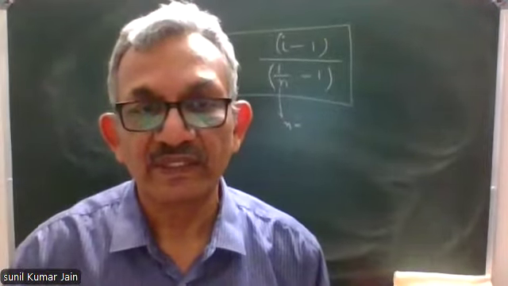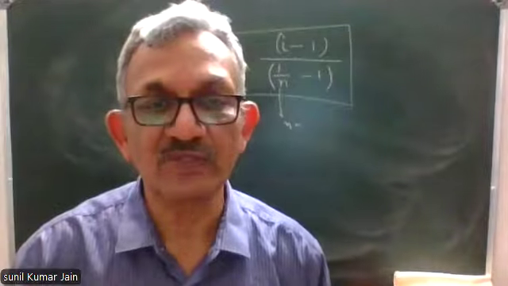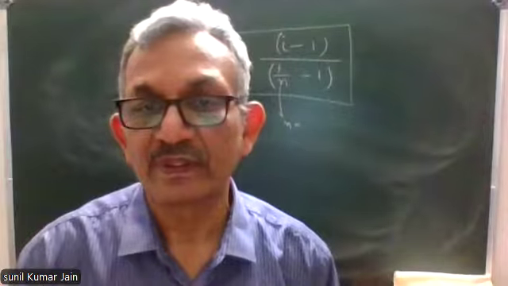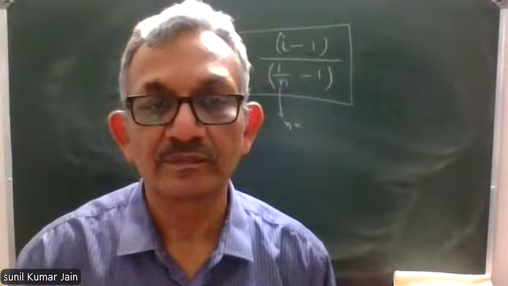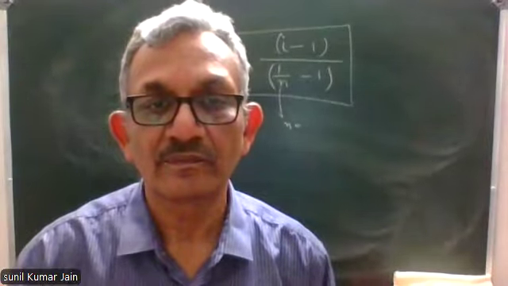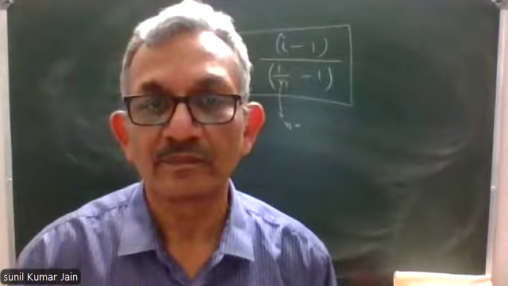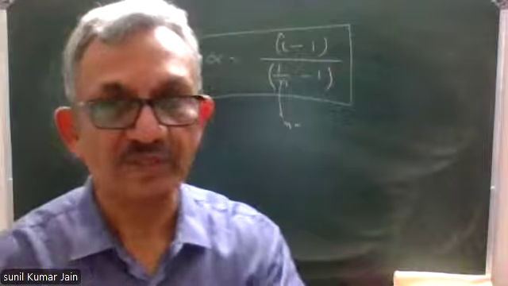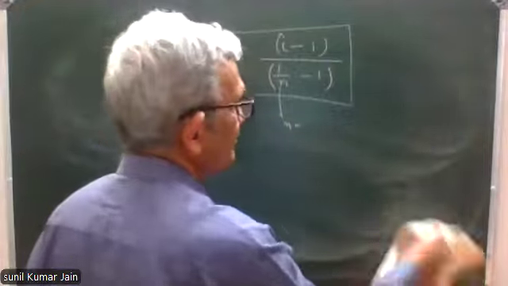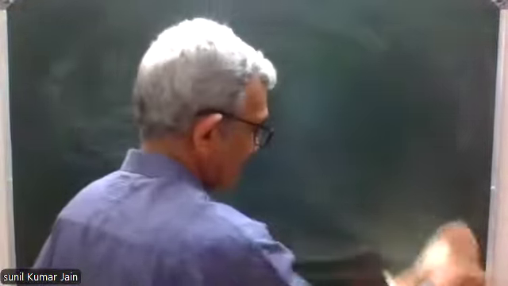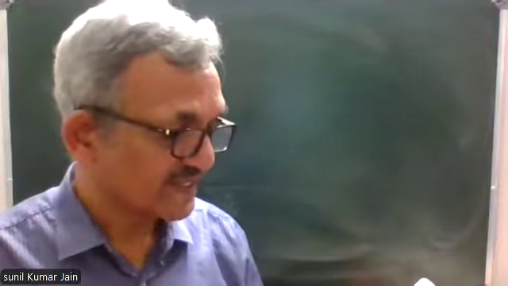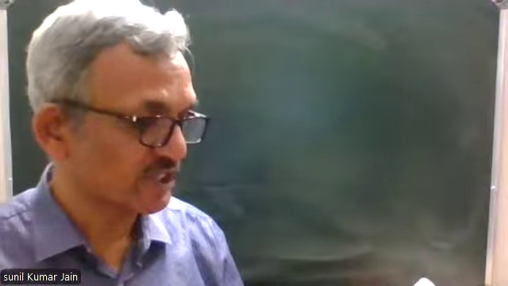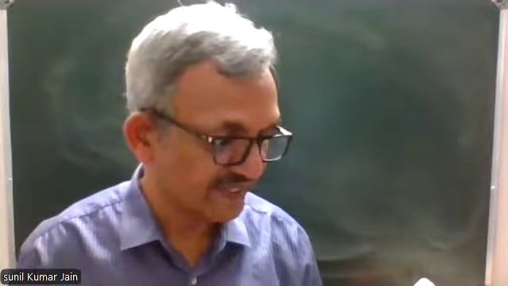Now the last numerical, and with that we'll finish the chapter as well. I'm sharing the numerical. Yes. The numerical is: a solution containing 4.8 grams of solute X, molecular weight 60, dissolved in 600 grams of benzene, shows a depression in freezing point of 0.55 degrees centigrade.